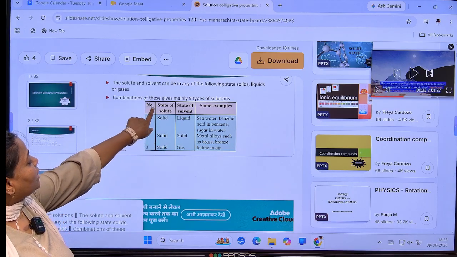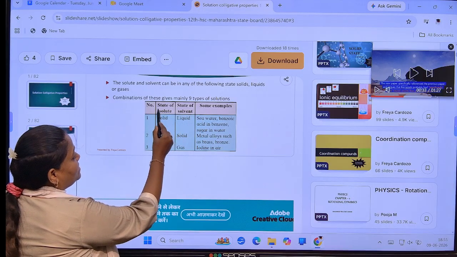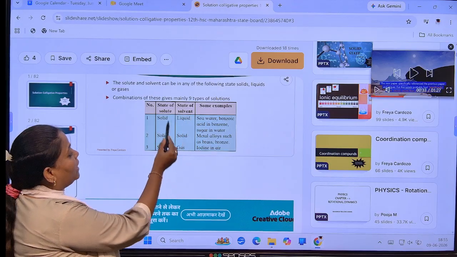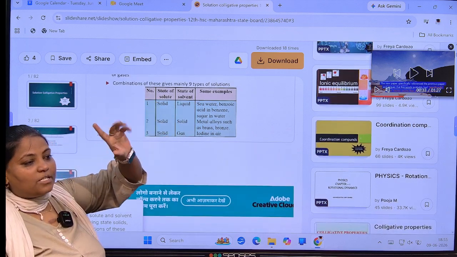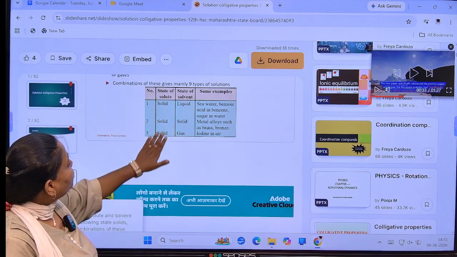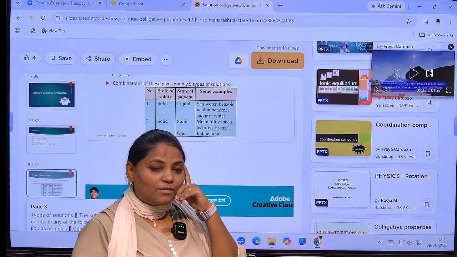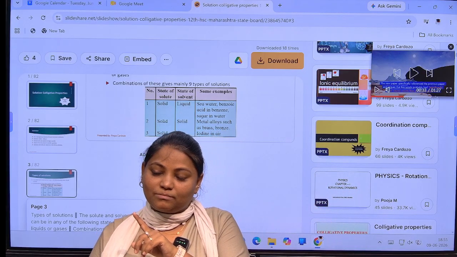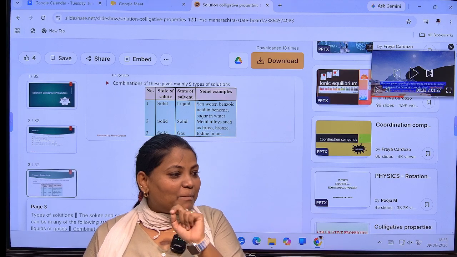Now can you see in the table the state of a solute and the state of a solvent? Let's say the first state is solid. Solute means it is maximum proportion or minimum proportion? Minimum.